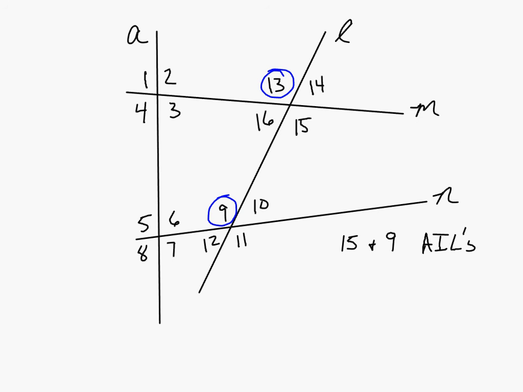Let's try 11 and 5. What is their transversal? N is the transversal. What are they classified as? Alternate exterior. Very good. Getting the hang of this a little bit?